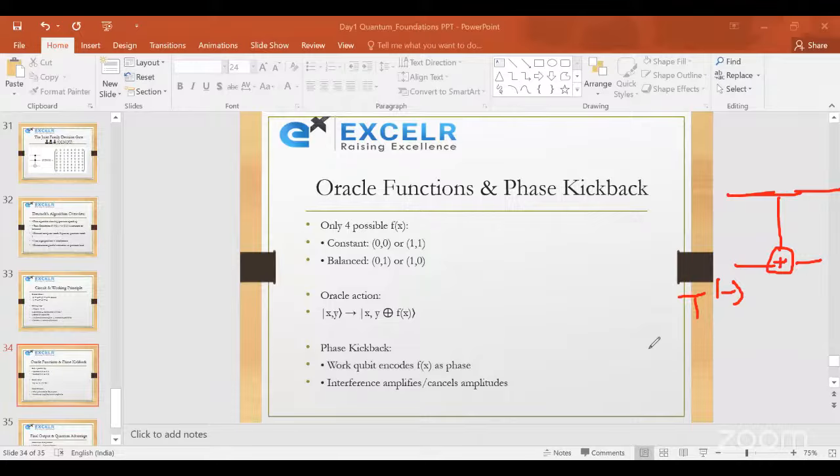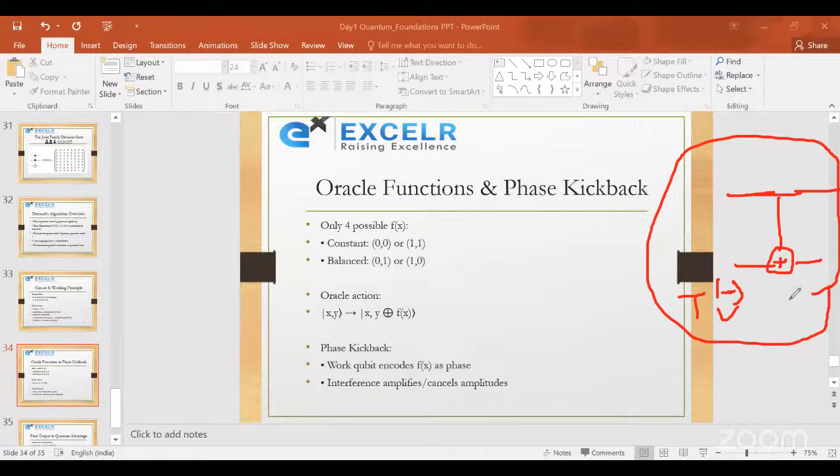There is some type of magic here. Whenever we apply a negative at the target, we get this phase kickback action. Always remember, whenever there is a negative applied at the target, we get a phase kickback action.